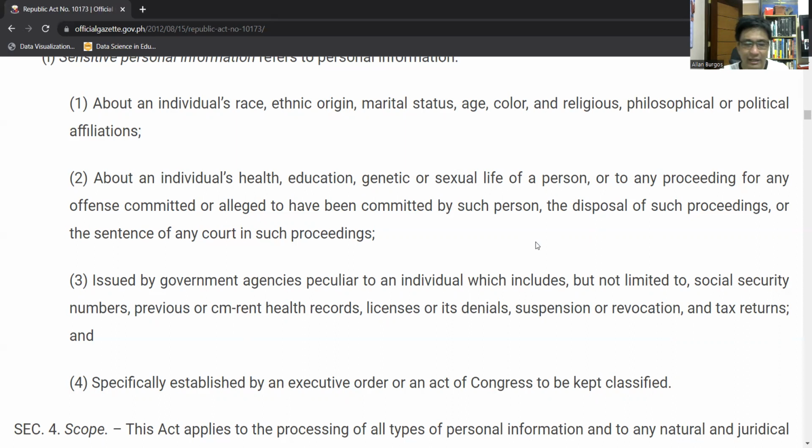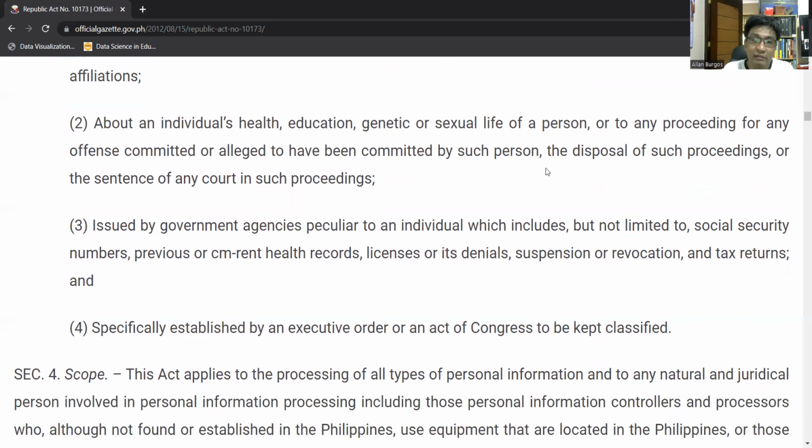Okay? So that's why it's very sensitive. Number two, about an individual's health, education, genetic, or sexual life of a person, or to any proceeding for any offense committed or alleged to have been committed by such person, the disposal of such proceedings, or the sentence of any court in such proceedings.